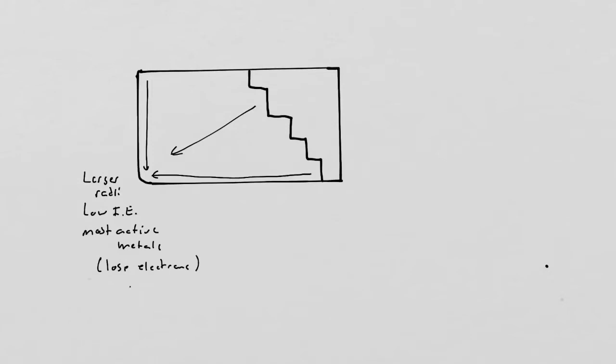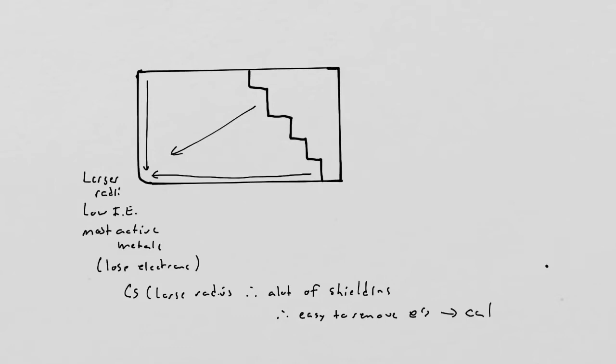So when you get down to cesium, it has a large radius, and therefore a lot of shielding, and therefore it's easy to remove its electrons. And when it does that, it can form a cation, like metals do.